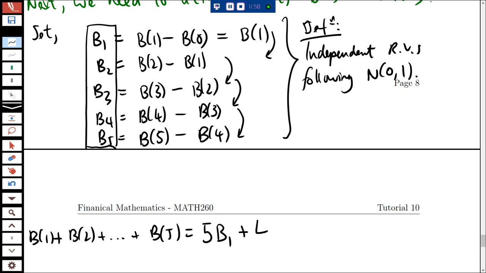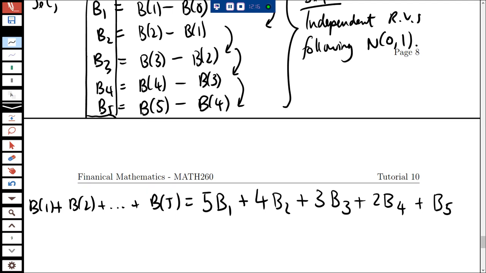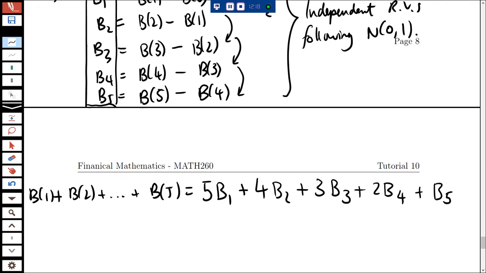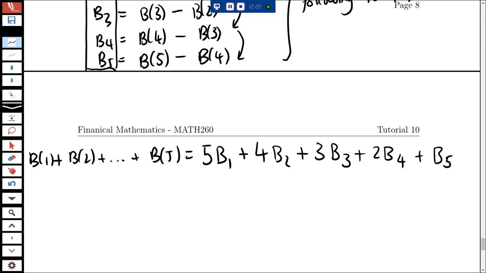We're going to have 4 lots of B2 because that's been substituted in 4 times from the second line. 3 lots of B3, 2 lots of B4, and at the end just 1 lot of B5. Okay, so I think that just takes a bit of playing around with to convince yourself that is the case. Let's put 1 there for symmetry.